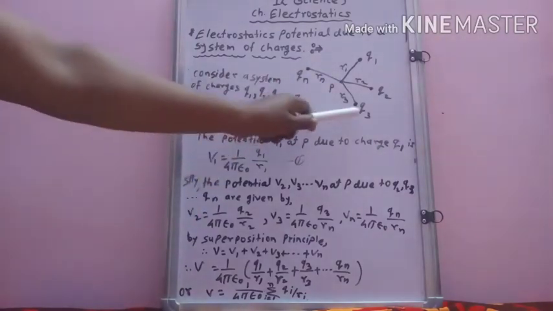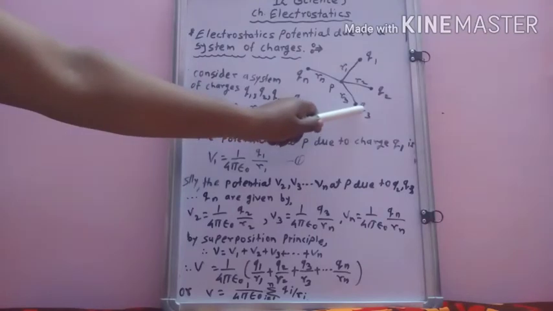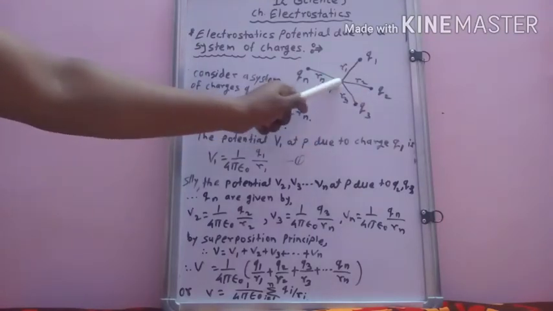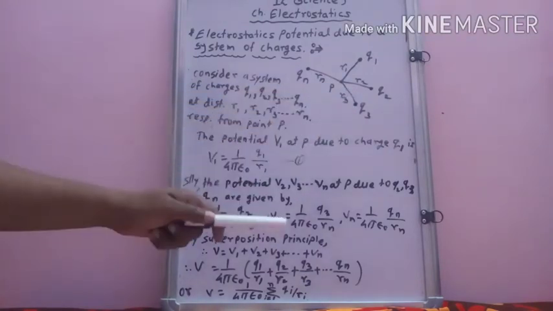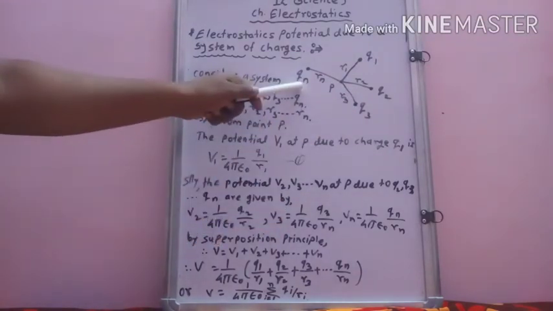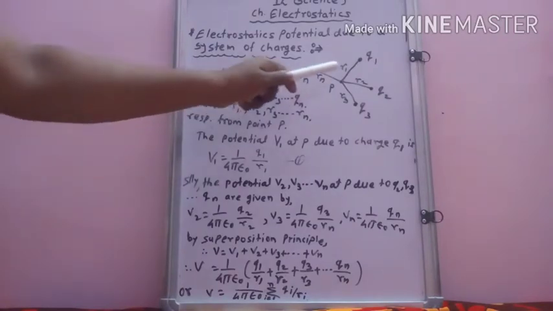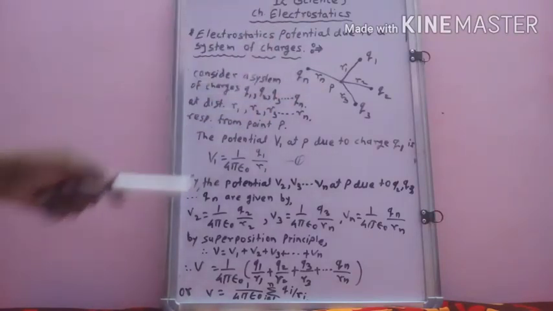Similarly, due to charge Q3, the potential produced at point P is V3. Similarly, due to the nth charge Qn, the potential produced at point P is Vn.